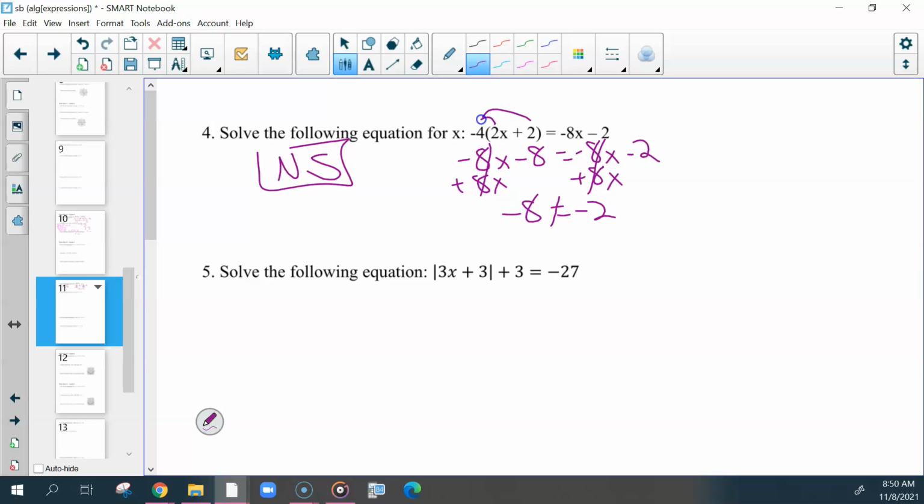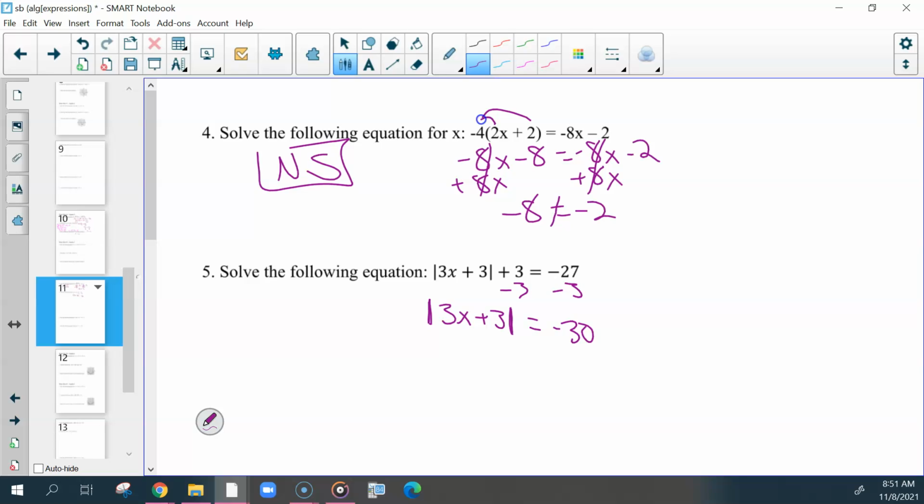For number 5, we would have needed to isolate the absolute value first, so get rid of the 3 by subtracting. I did not do that correctly. 30 is what that should have been.